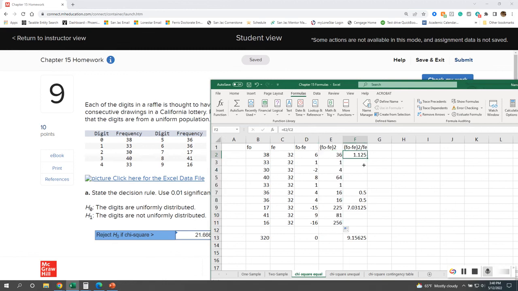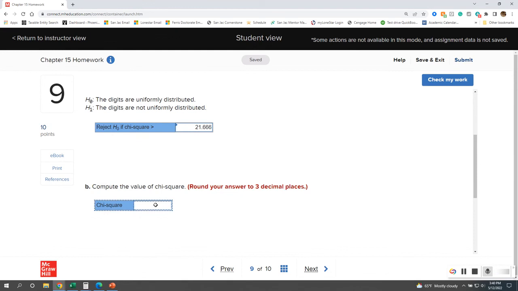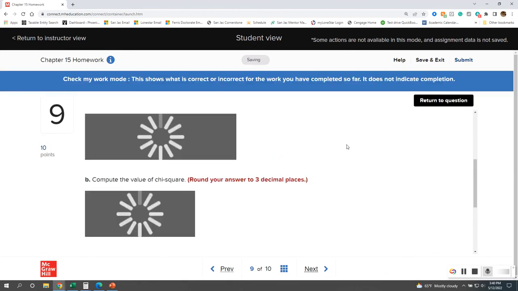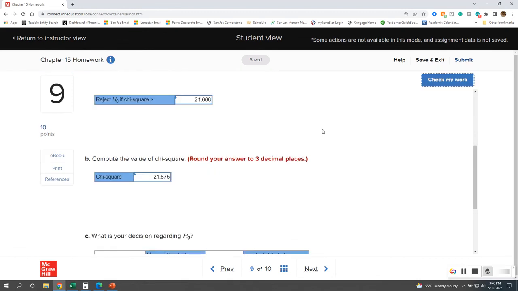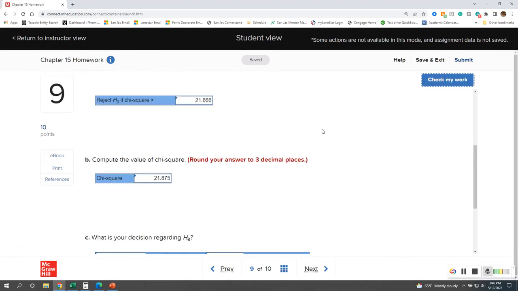There we go. And we come out to 21.875. Okay, check. Again, most of the time, if you already got the table, the formulas in, with these chi-squares, it's just really reformatting.